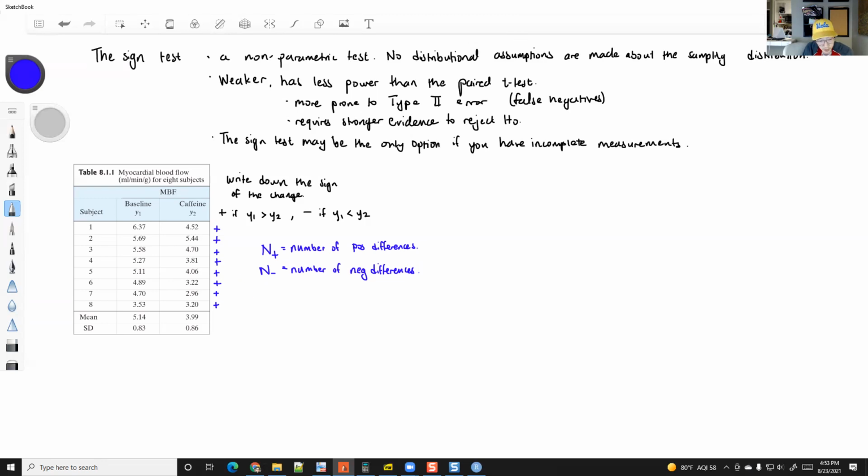So we have n positive equal to 8 and n negative equal to 0.